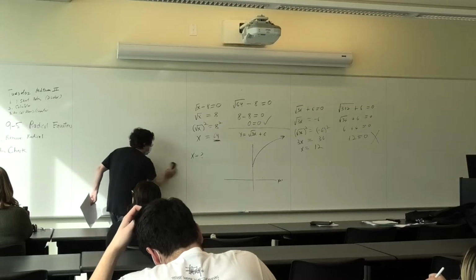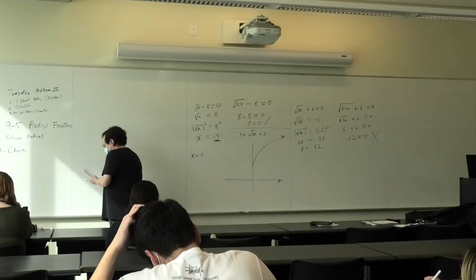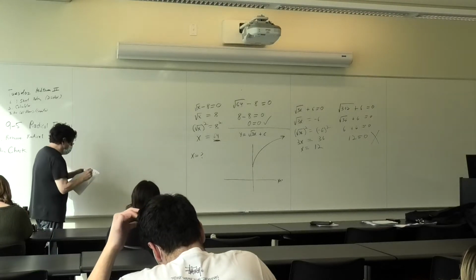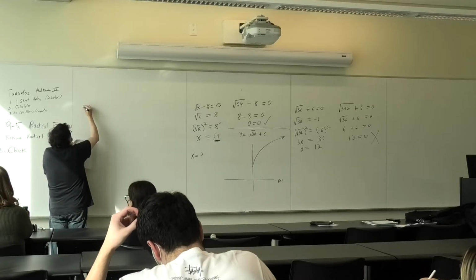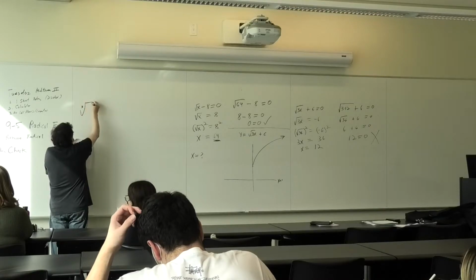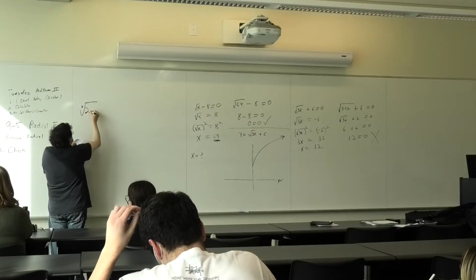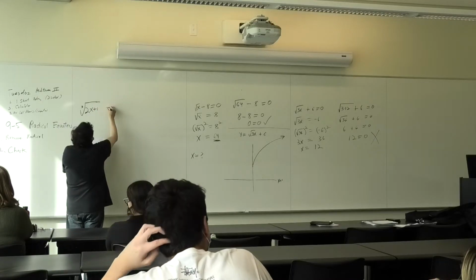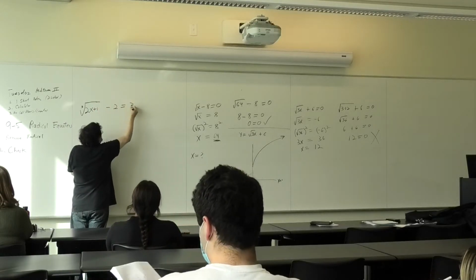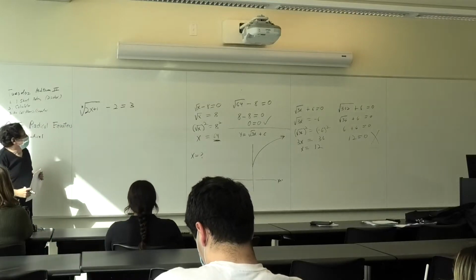Okay. All right, this is a little different kind of problem, because instead of a square root, I'm going to have a cube root. But again, I'm going to have a variable inside the radical. There's my equation.